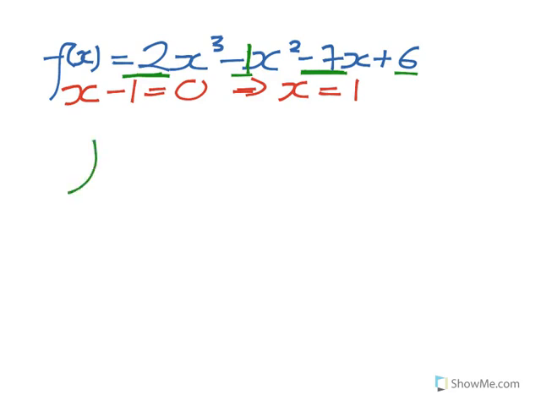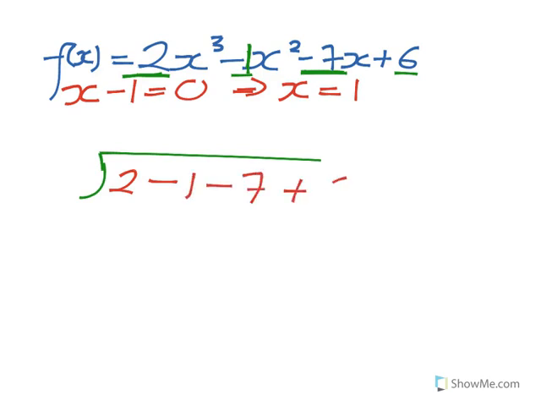What I'm going to do now, I'm going to take the numbers 2 with their signs, minus 1, minus 7, plus 6. So when I get these numbers, you still remember x is equal to 1, so I put that 1 there.